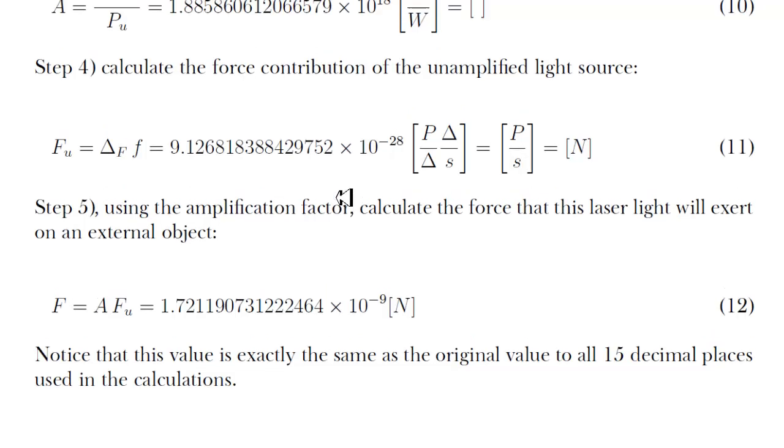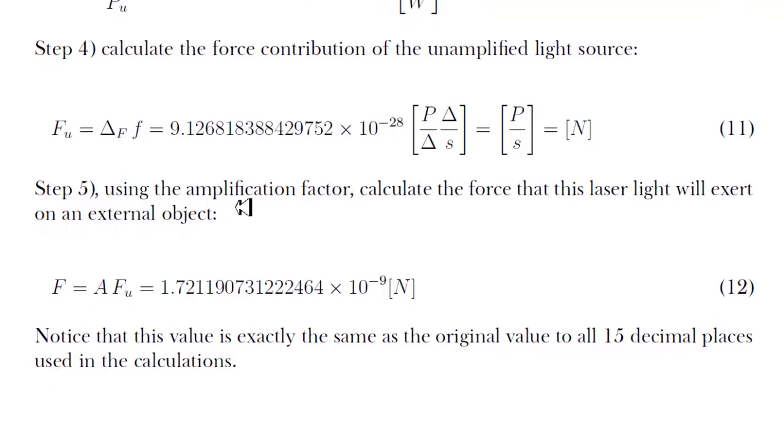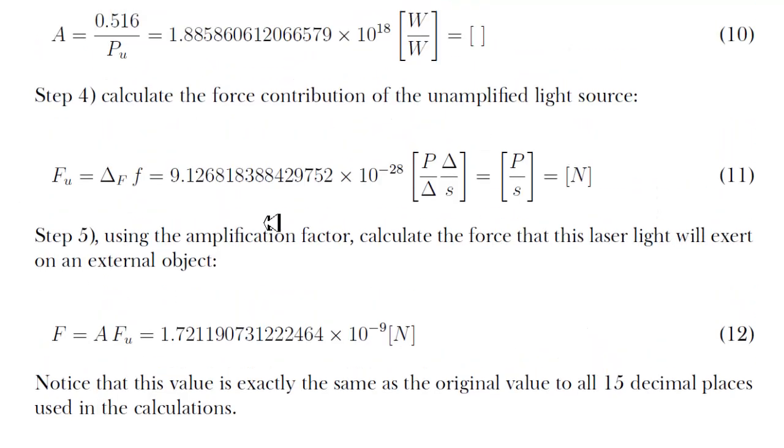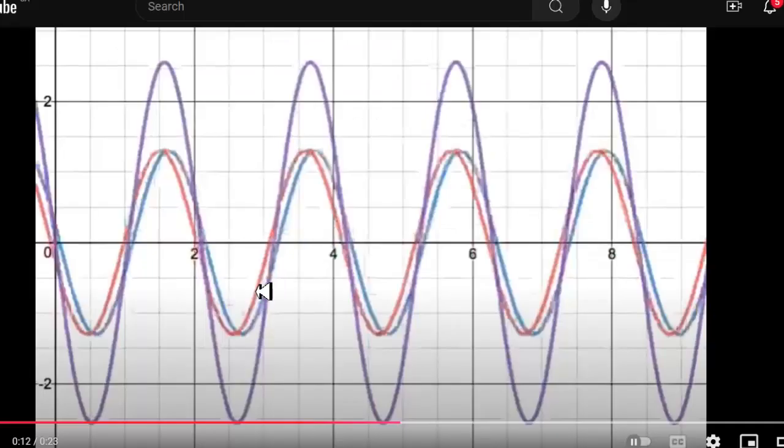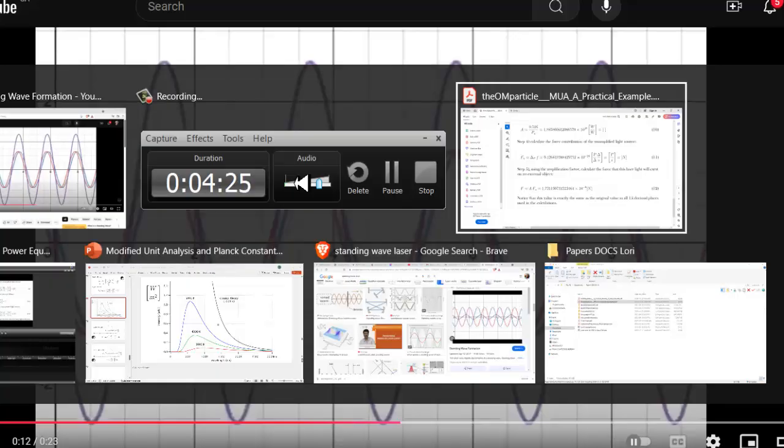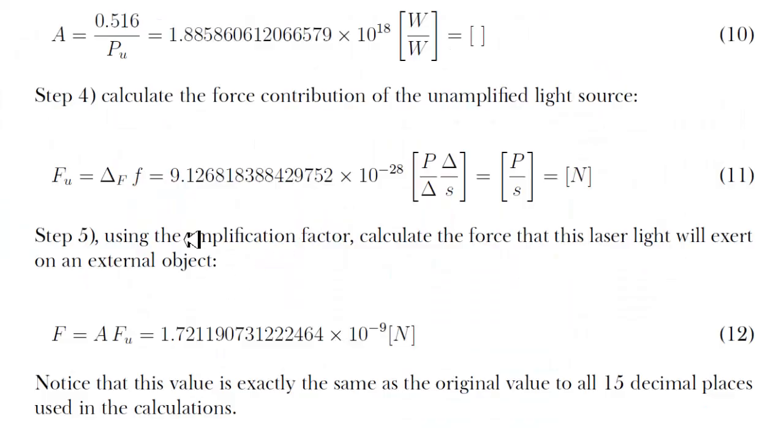So now, step 5, using the amplification factor, we calculate the force that the laser will exert on an external object. We are going to multiply the force of one wave, the force generated by one, like the red wave, the force of one wave as the wave hits the detector, by the amplification factor.